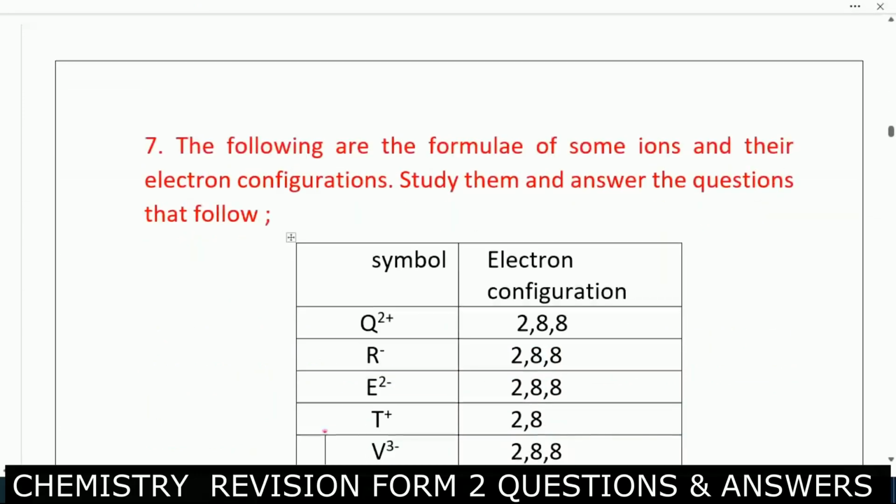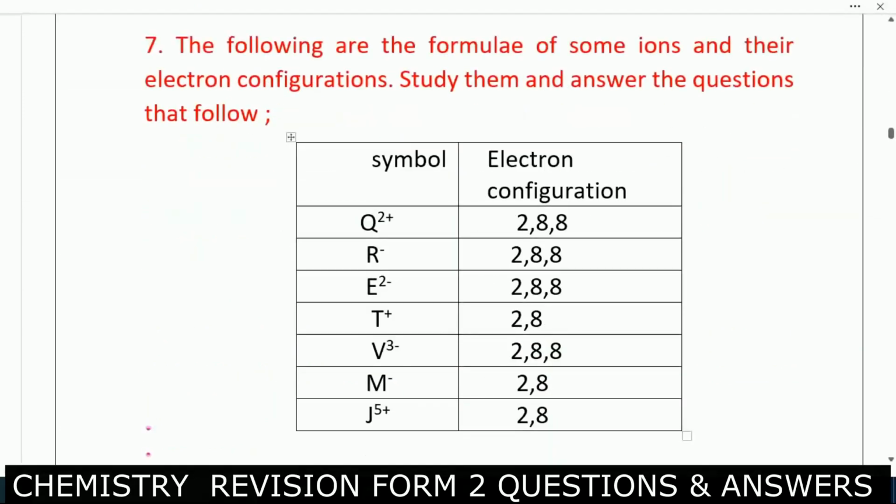Go to number 7. The following are the symbols of some ions and their electron configuration. Study them and answer the questions that follow. You have a symbol, and then we have ions and their electronic configuration, 2.8.8, and so on.